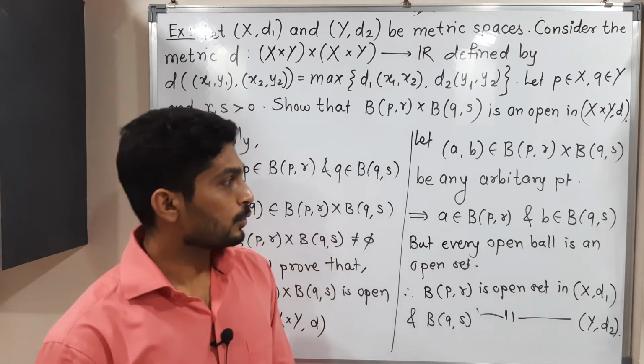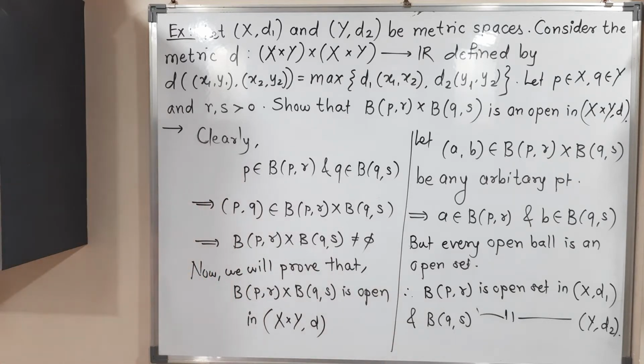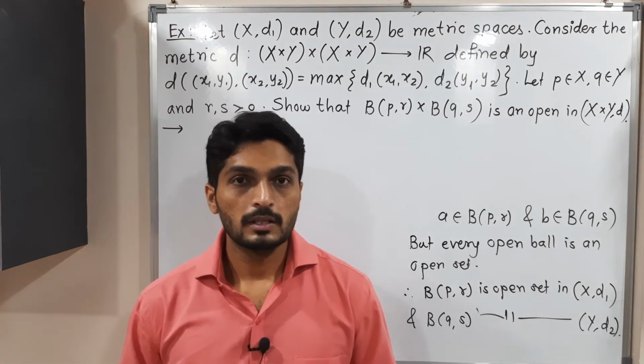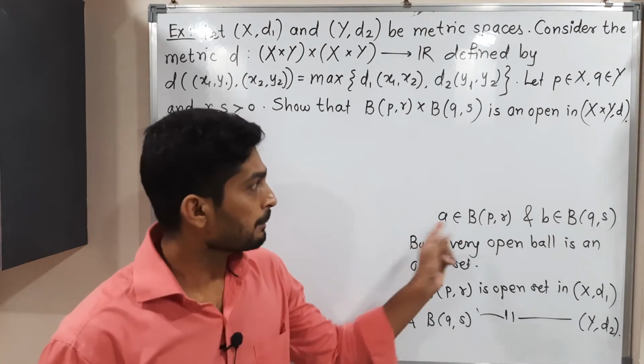Okay, there is no more space, so I suggest you make a screenshot of it. After that we will go further. See, B(P,R) is an open set and A belongs to that set.